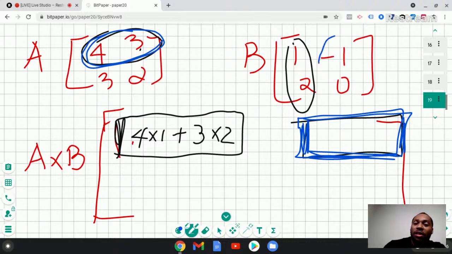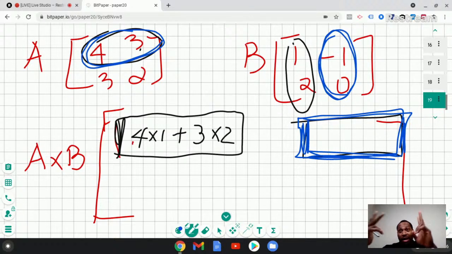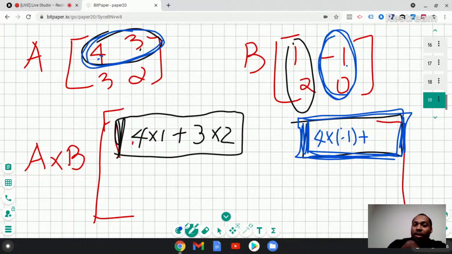First row of the first matrix, 4, 3, second column of the second matrix, -1, 0. So 4 times -1, and I'm going to write it this way so you understand what I'm doing, plus 3 times 0.